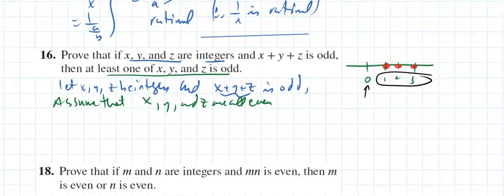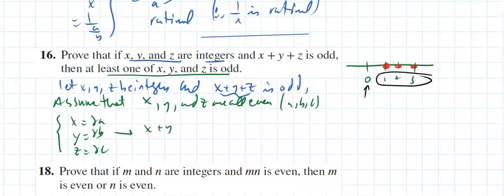Then by definition, we know that x equals 2a, y equals 2b, and z equals 2c, where a, b, c are some integers. And then x plus y plus z would be 2a plus 2b plus 2c, which is 2 times a plus b plus c, which is even.